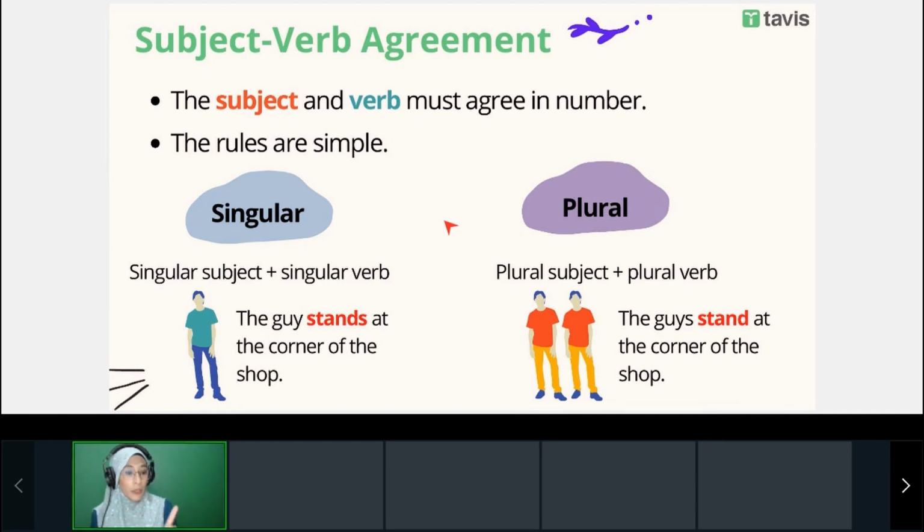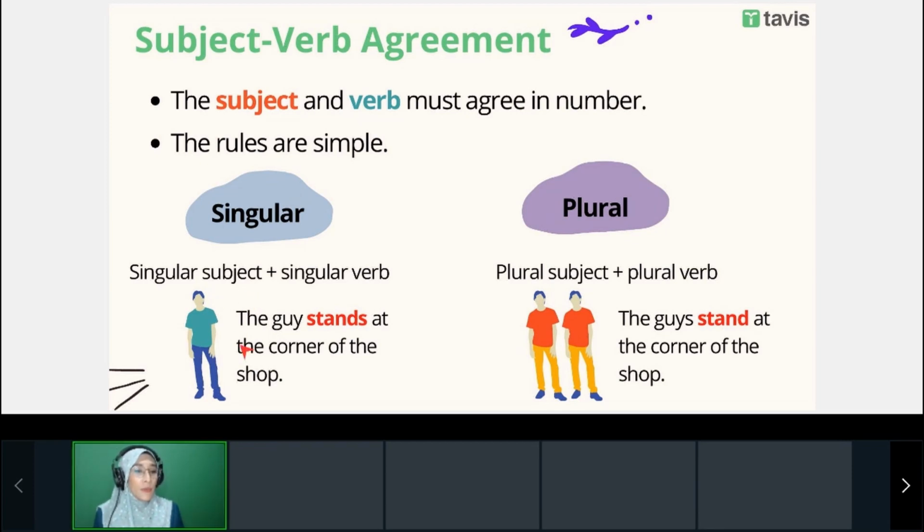Remember I mentioned the singular noun. In a sentence, they are called a subject. So you will have a singular subject. They are your noun, or they are your pronoun.